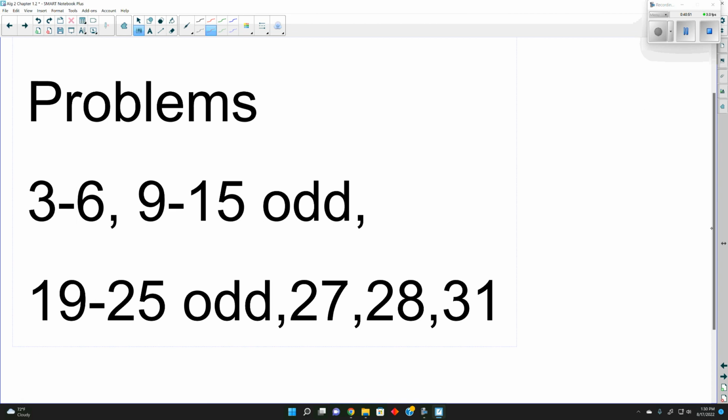Now all of these here, you do not have to graph. Do not graph. Don't graph them. I'm not asking you to graph. So for the most part, the first 4 you're telling what the parent function is, describing the transformation. I believe the rest of them are just asking for transformations.